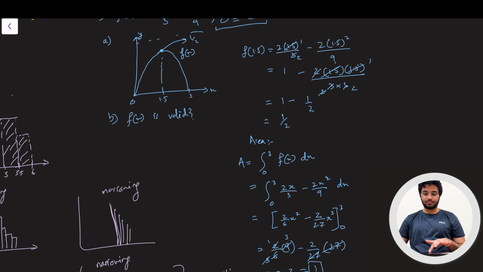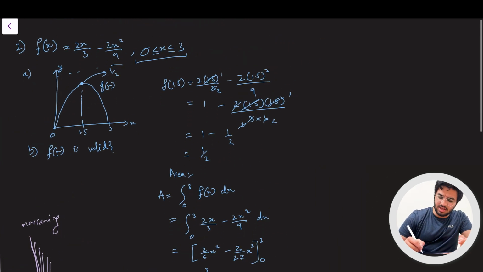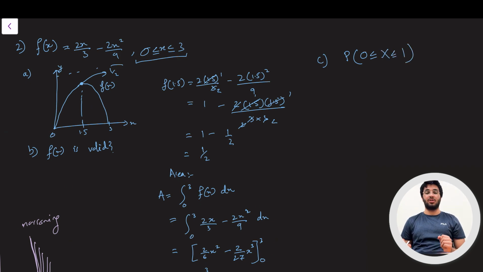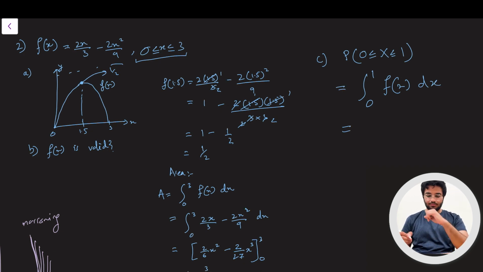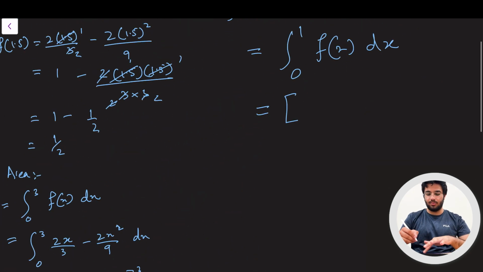Very cool. Now it asks us to find the probability that a value is between 0 and 1. Like we've said, find the integral from 0 to 1. Simple stuff. In fact, we already have the antiderivative, so we can just sub it in here.